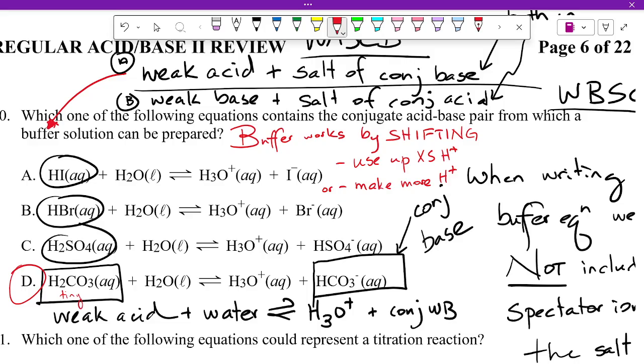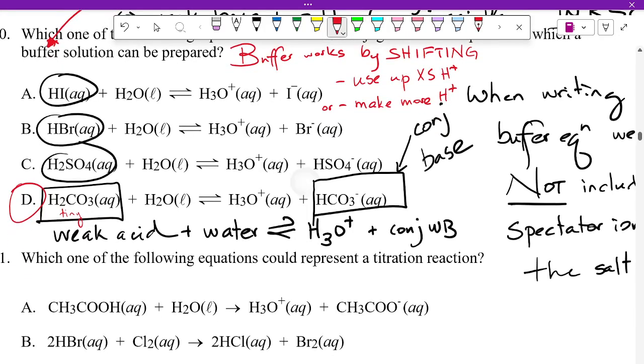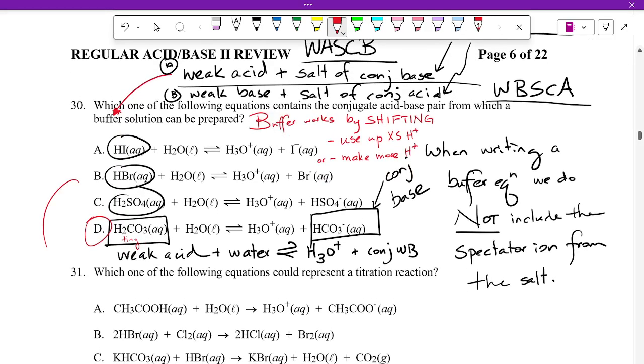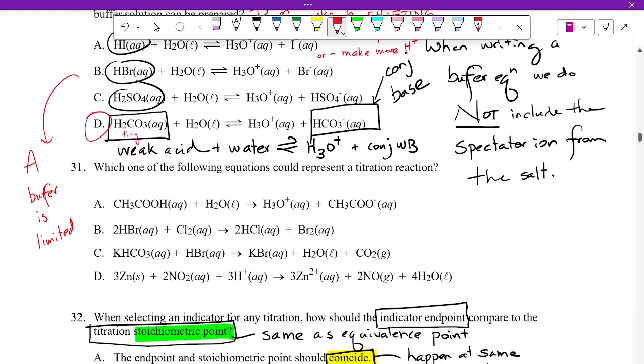That is the limitation of the buffer. A buffer is limited by how much it can shift. If you run out of weak acid or weak base, it cannot shift anymore.